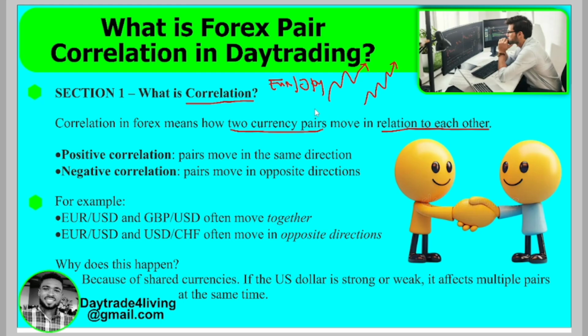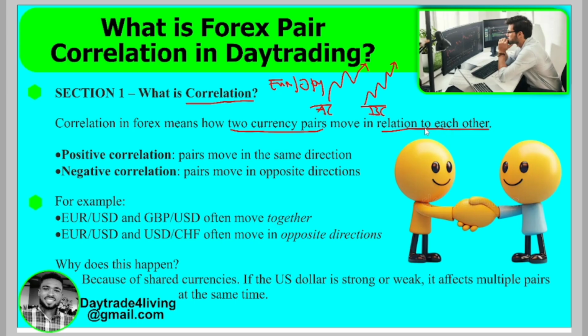Then we see that this pair and that pair are correlated. So let's say pair AB and pair BC. They move in the same direction, which means they are correlated. That is what it means in simple terms. So correlation means two currency pairs moving in relation with each other.